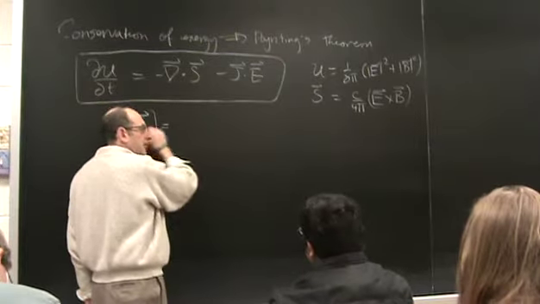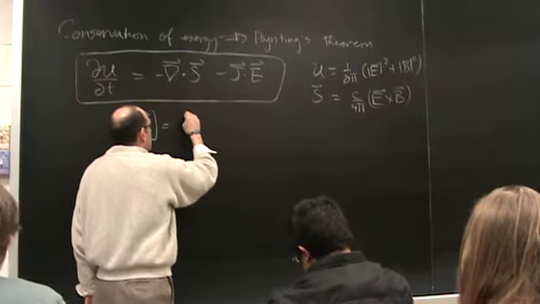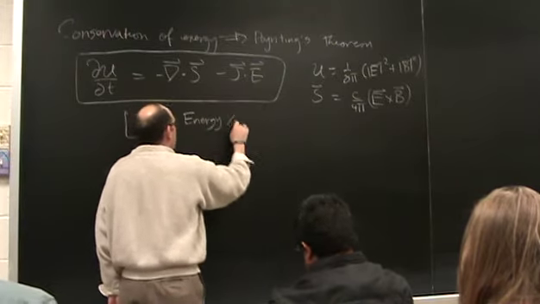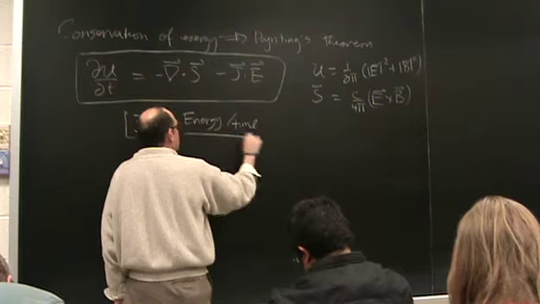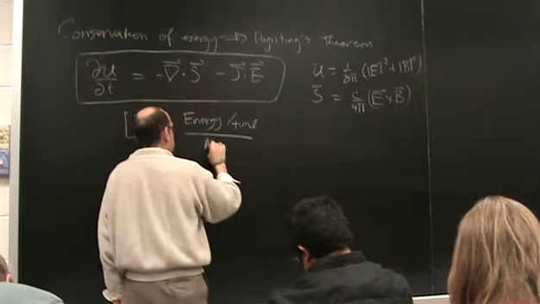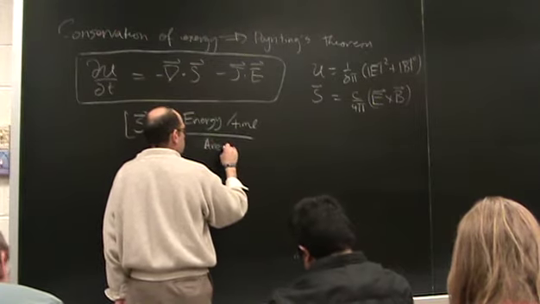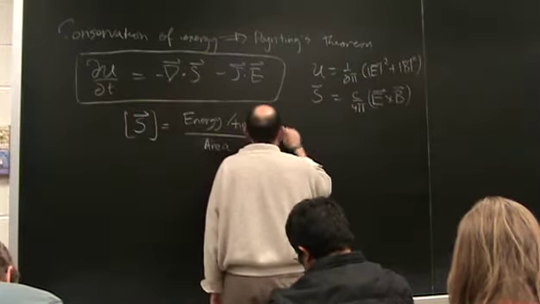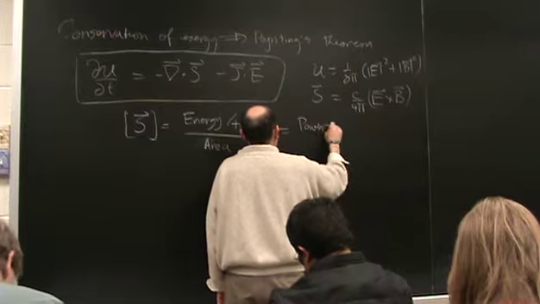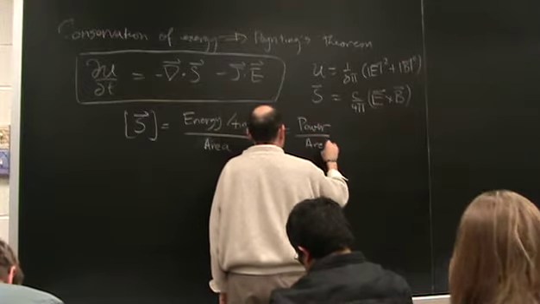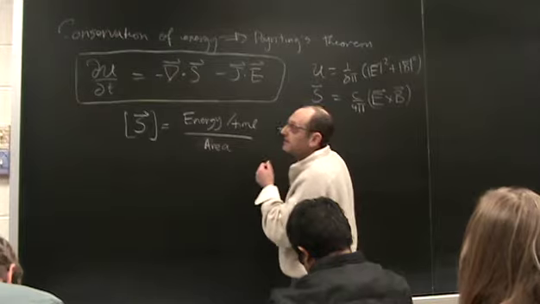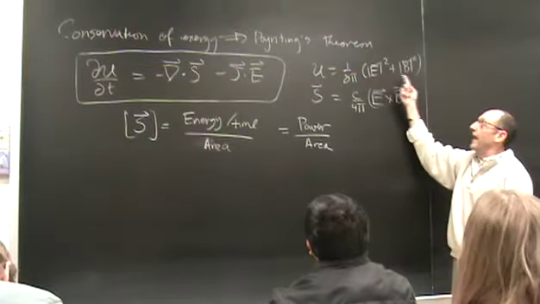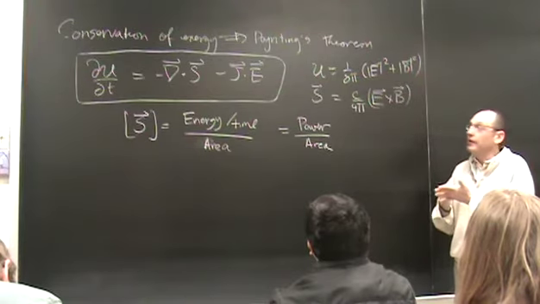So the units of the Poynting vector are energy per unit time per unit area. Okay? Which is power per unit area. The units make sense here because we know that E squared or B squared is an energy density, energy per unit volume.